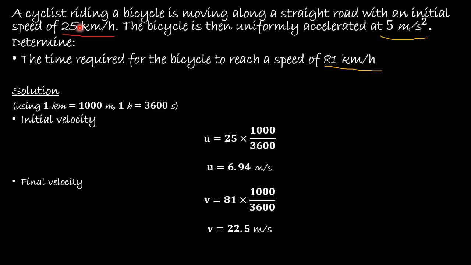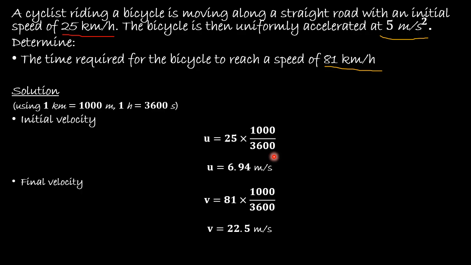We know that 1,000 meters gives 1 kilometer. So in place of the kilometer, you just put 1,000 there, and we know that 1 hour gives 3,600 seconds. So in place of the hour, you just put 3,600.